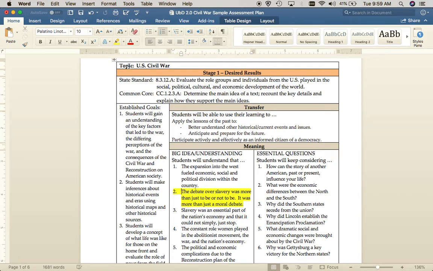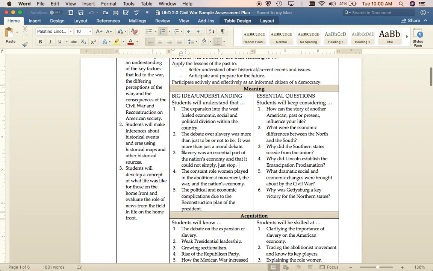So it was an economic, political debate, but then there was also a moral debate of it as well. I'm not going to read over the rest of these. You guys can read over the rest of them, and you can see how these nouns play out in each of them. So here we are: slavery, nation's economy. Slavery being at the centerpiece of the nation's economy.